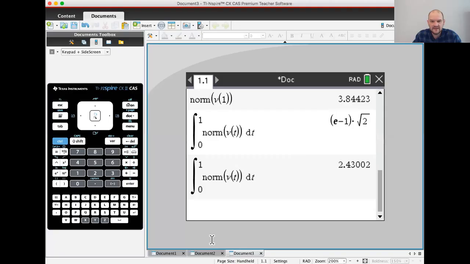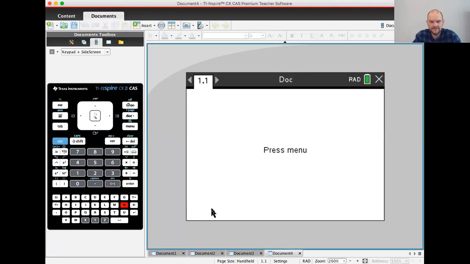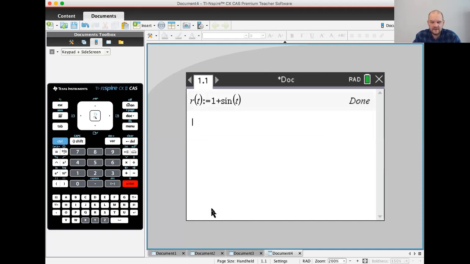So let's see, what should we define? I'm going to define r of t. I always use t. r of t is going to be 1 plus sine of t. So x of t is going to be r of t cosine of t, and y of t is going to be r of t sine of t.